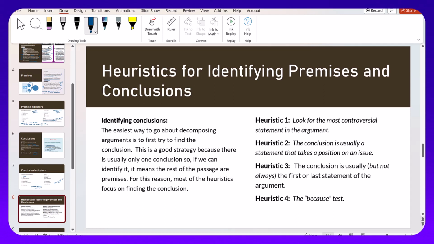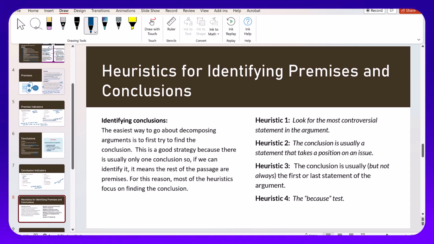So these are tips for trying to identify the conclusion. And I would agree, I think the conclusion is sometimes easier to pick out first than the premise. Use the indicator words to help you do so. It's going to make things easier. These four heuristics are ways that you can also help identify what an argument is by trying to identify the conclusion, right?